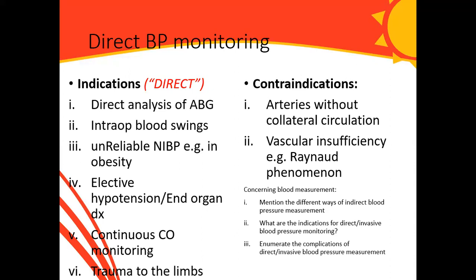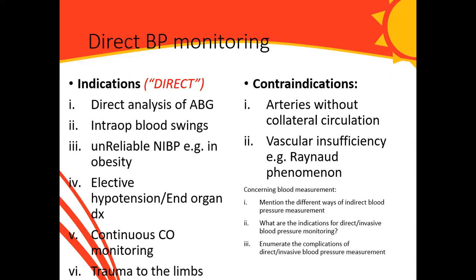Direct blood pressure monitoring is also indicated in cases of elective or deliberate hypotension, and in patients with end organ disorders or diseases. You also want to do continuous cardiac output monitoring, which is possible with observation and monitoring of your arterial waveform.